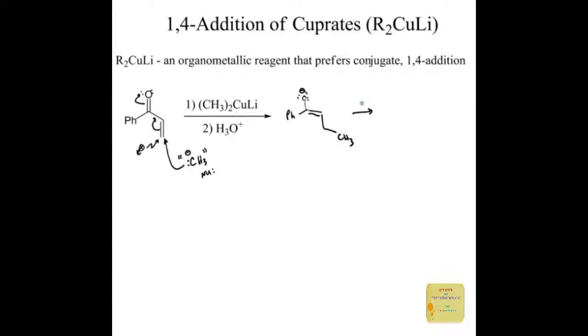And so in step 2, what's going to happen when we treat this with water, H3O plus, we do our workup. How are you going to protonate this intermediate? Well, it's an enolate, so it's the alpha carbon that's going to be reactive. So I'm going to use my O minus to reform the carbonyl and kick that pi bond out to protonate the alpha carbon.